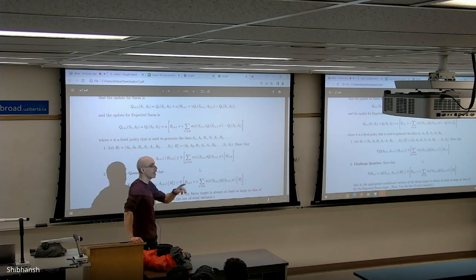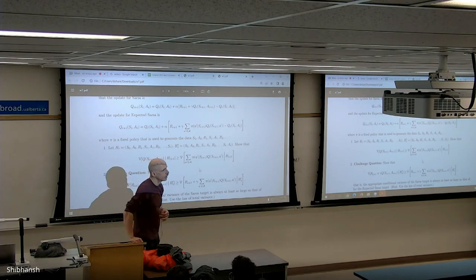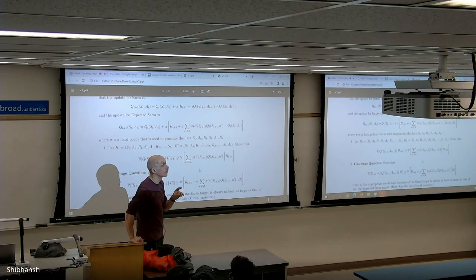Correct. And why is that? Why is that enough, that the right-hand side is 0? Yeah, if you just calculate it, it's going to be 0.